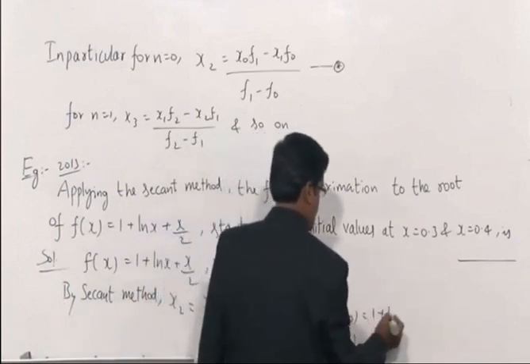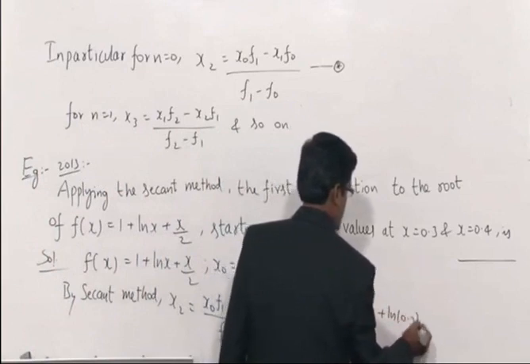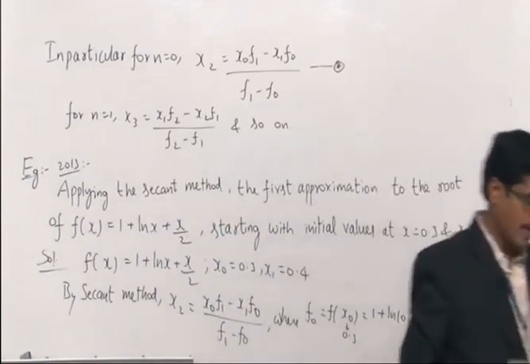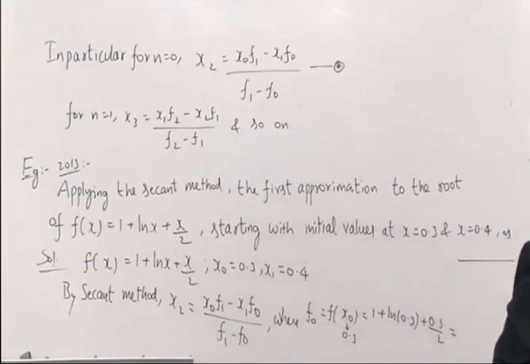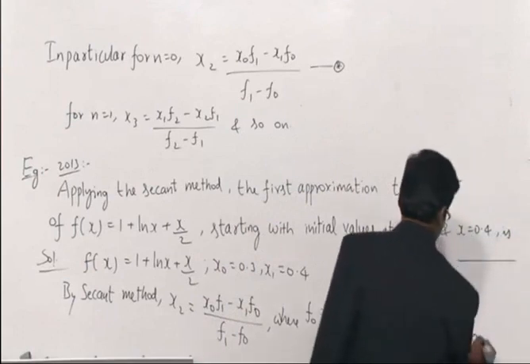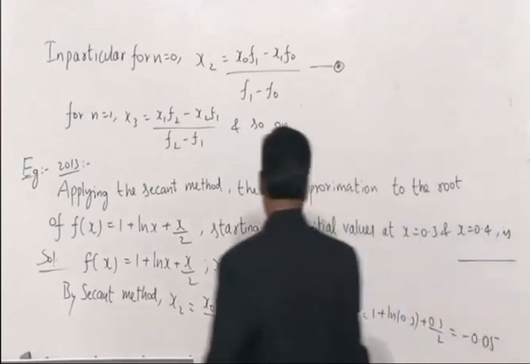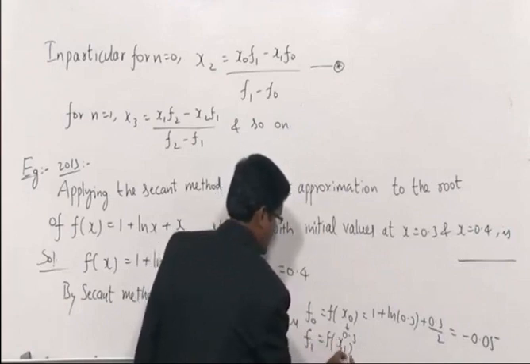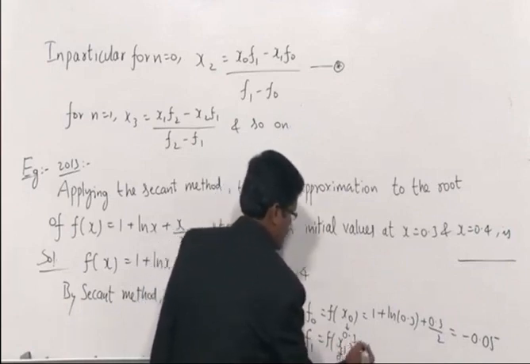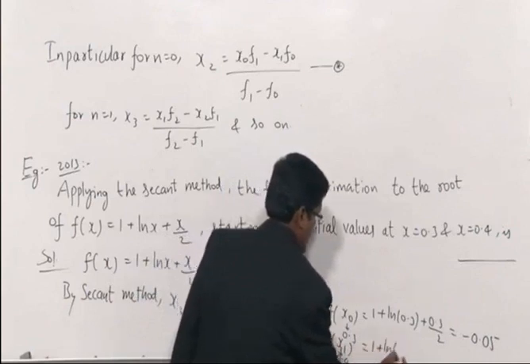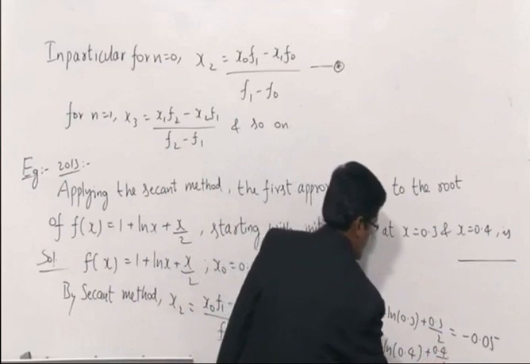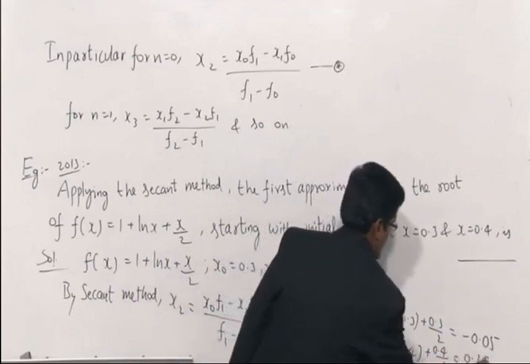That means 1 + ln 0.3 + 0.3/2. Calculating the natural logarithm of 0.3, this simplifies to -0.05. f1 is f(x1), where x1 is 0.4, that is 1 + ln 0.4 + 0.4/2. This simplifies to 0.28.